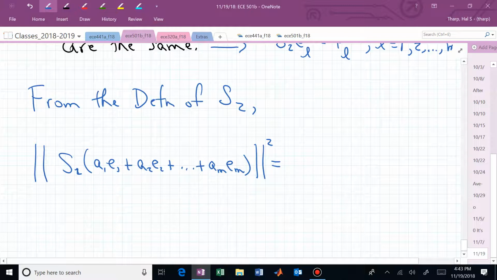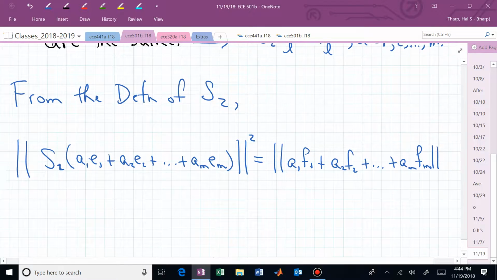So let's square that and say that by definition of how we defined S2, it must be the same as the norm squared of a1 f1 plus a2 f2 up to a sub m f sub m.